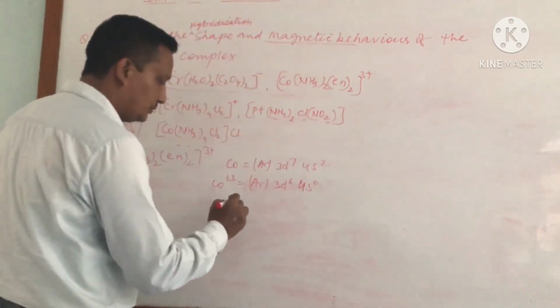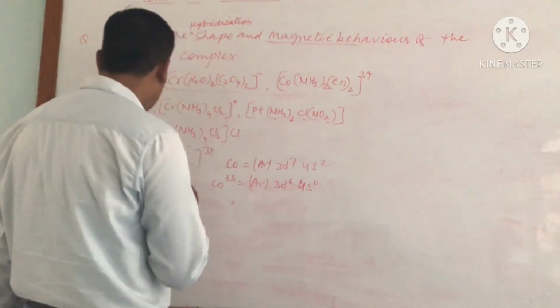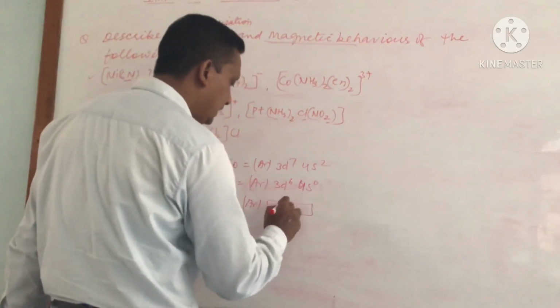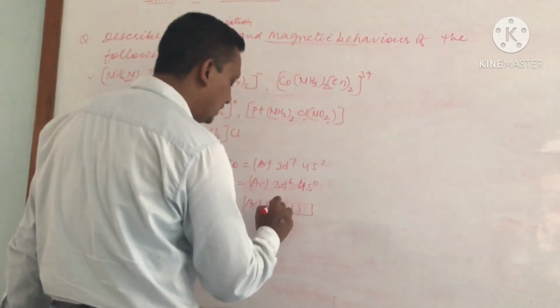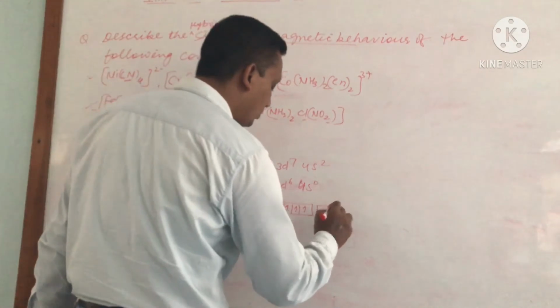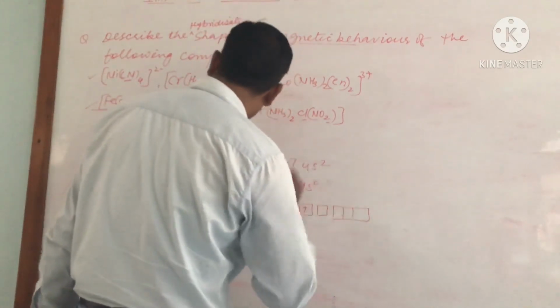We can fill the electrons 1 2 3 4 5 and 6, and the s orbital would be empty and the p orbital would be empty.